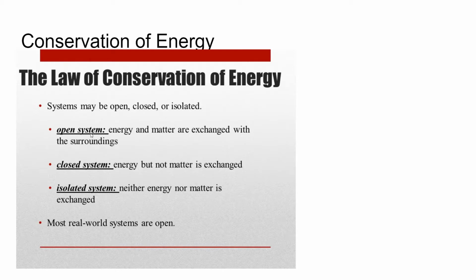In an open system, energy and matter are exchanged with the surroundings, and so we see that energy and matter are lost. In a closed system, though, energy is exchanged but not matter. Matter will stay there. And in an isolated system, neither is exchanged and both will stay in there.